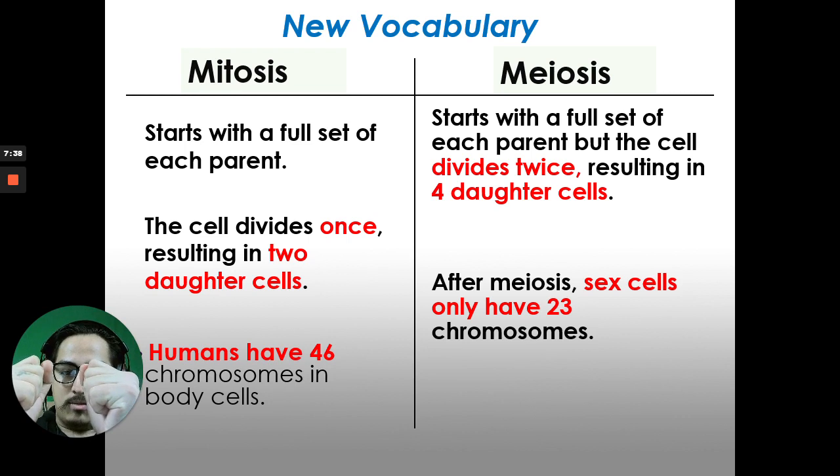Now you're at the same point as mitosis, but it's going to divide again. So it divides, and you end up with 4: 1, 2, 3, 4. Since you divide twice, first division, second division, you're going to have half. In mitosis, you have the same amount because it's a copy. So let me show you a picture so you know what I'm talking about.